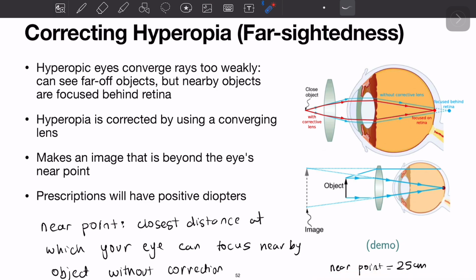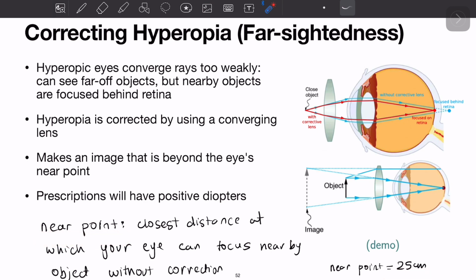When you're reading, you keep a book or your screen anywhere from like 30 to 40 centimeters from your face. So what the corrective lens does is it takes something that's at 25 centimeters and puts that image back at your near point.